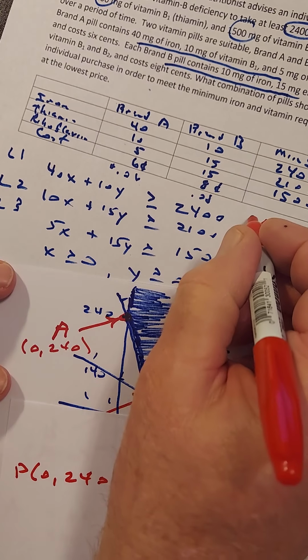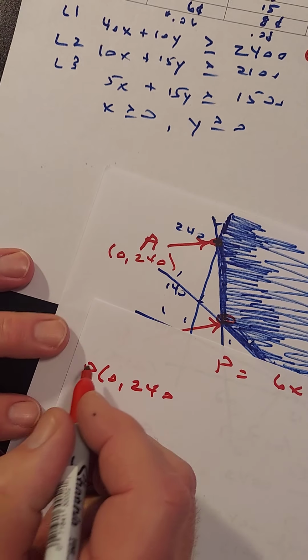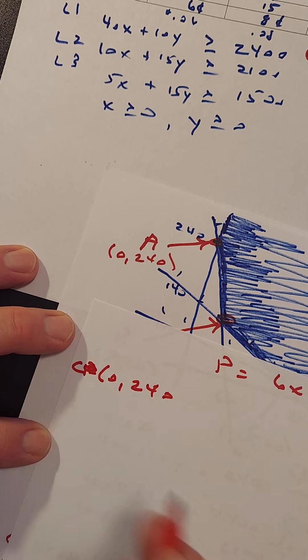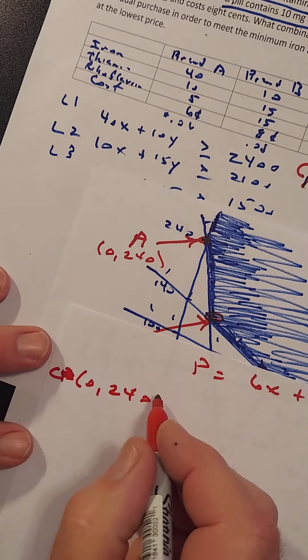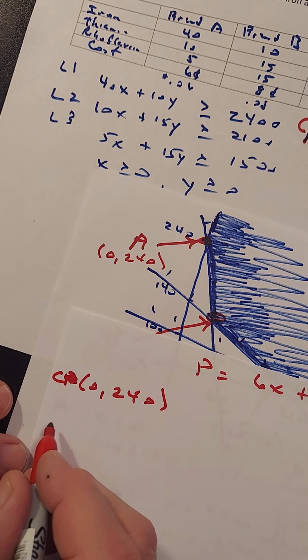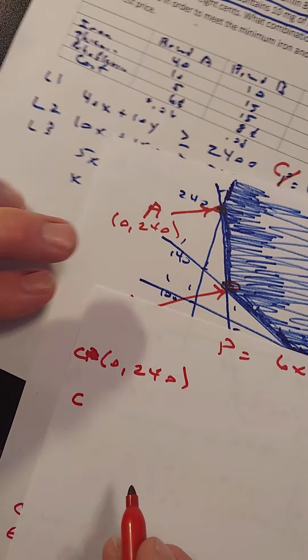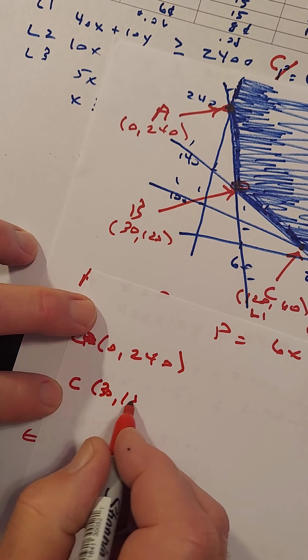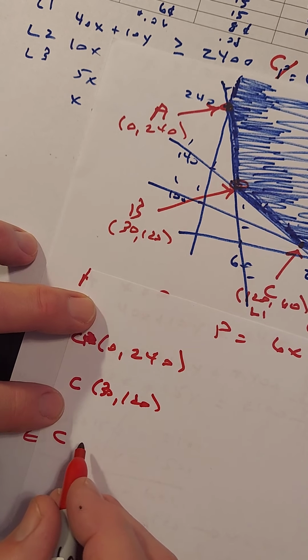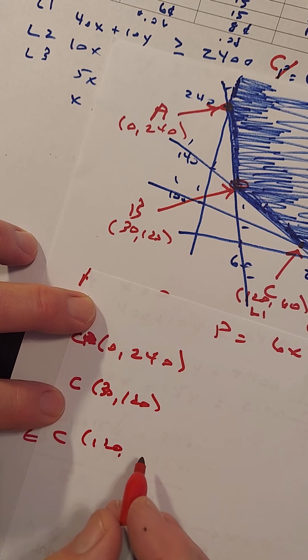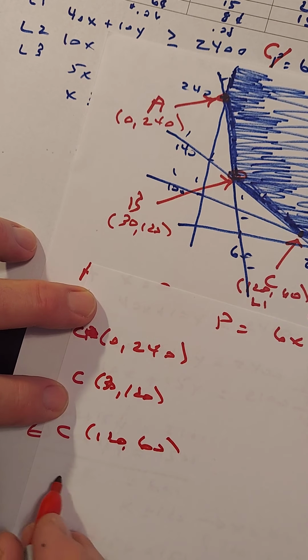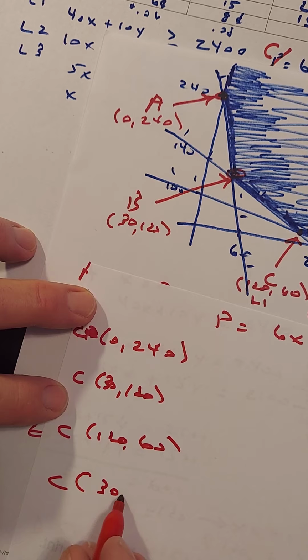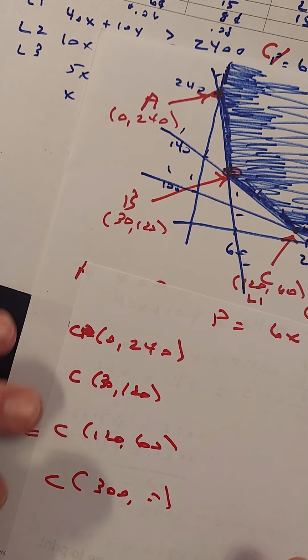I shouldn't have called it profit because it's a cost. This should be cost. The cost at 0, 240. And then the cost at 30, 120. And then the cost at 120, 60. And then the cost at 300, 0.